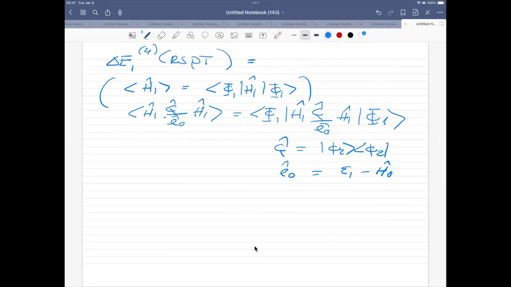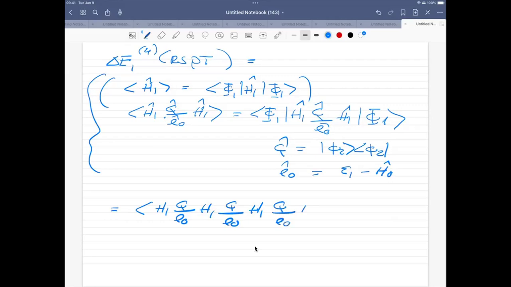So with this minor introduction of notations, we can then write down the expression for many-body perturbation theory with Rayleigh-Schrödinger perturbation theory to fourth order. And the term then is equal to H0 of HI of Q of E0 of HI of Q of E0 of HI.